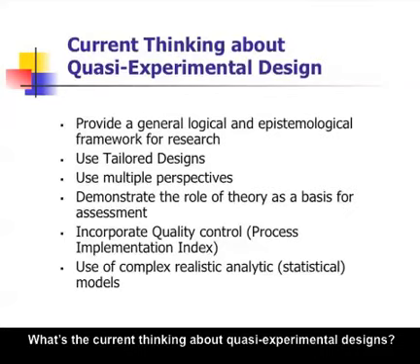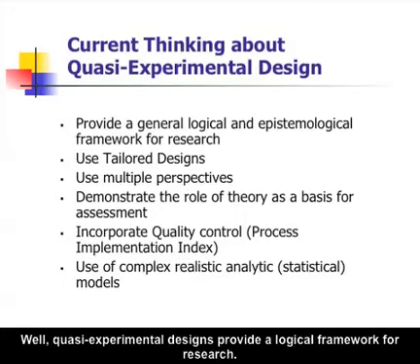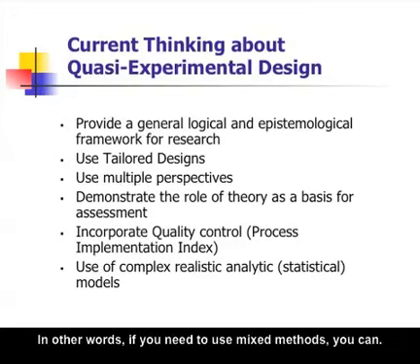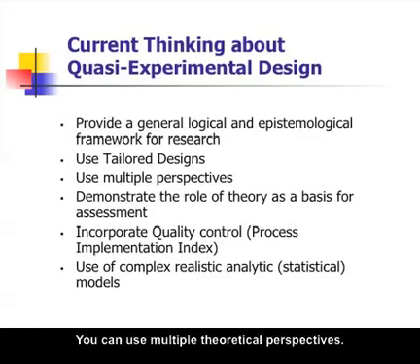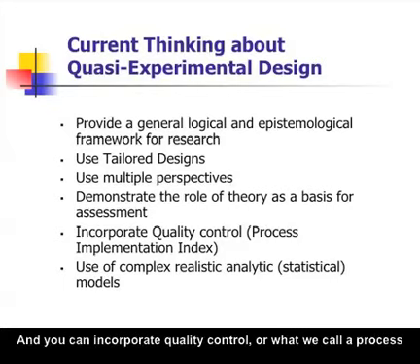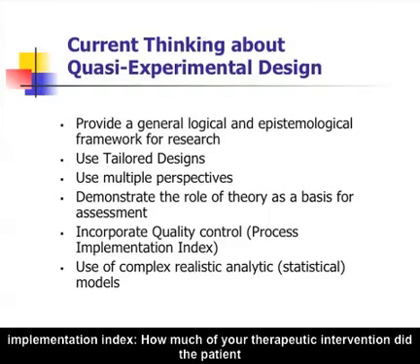What's the current thinking about quasi-experimental designs? Well, quasi-experimental designs provide a logical framework for research. You can tailor your designs when using quasi-experimental. In other words, if you need to use mixed methods, you can. You can use multiple theoretical perspectives. You can also demonstrate the role of theory as a basis for assessment. And you can incorporate quality control, or what we call a process implementation index.